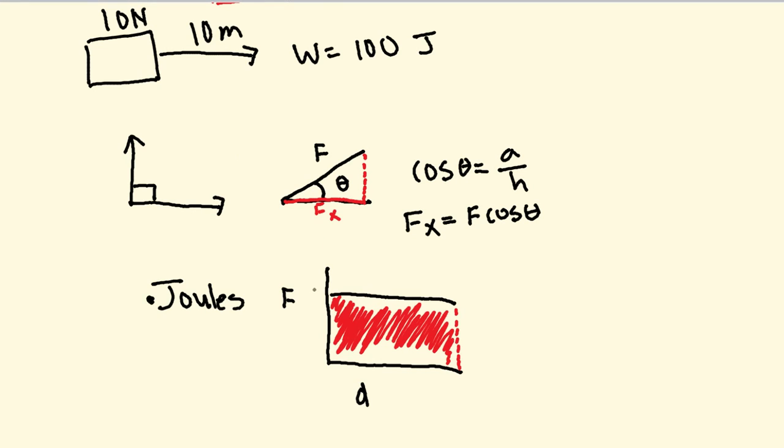So, if the F value is 2 and the D value is 3, then the work done is going to be 6 joules. This problem right here, or problems like this one, is going to happen at least 2 to 3 times in the test, and so it's a good thing to know.